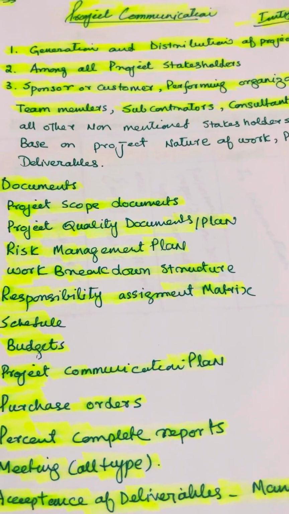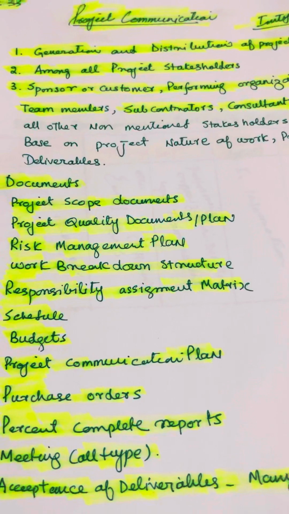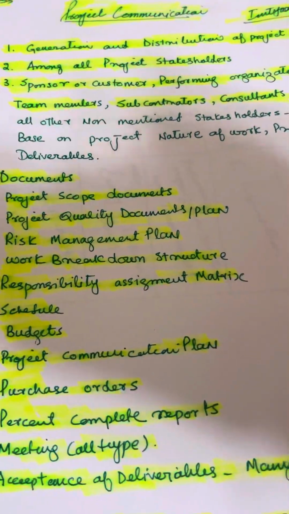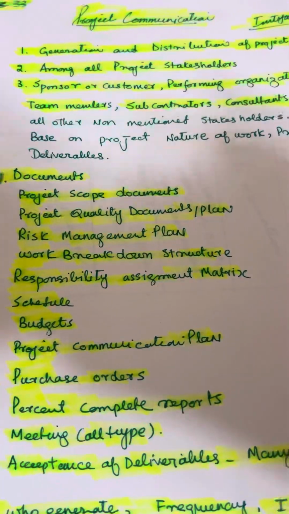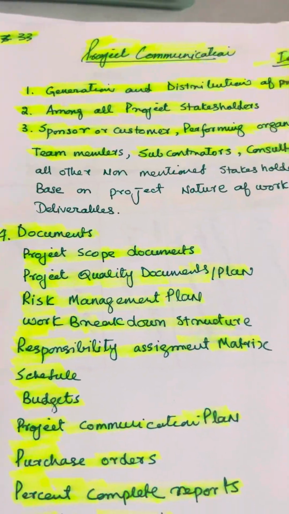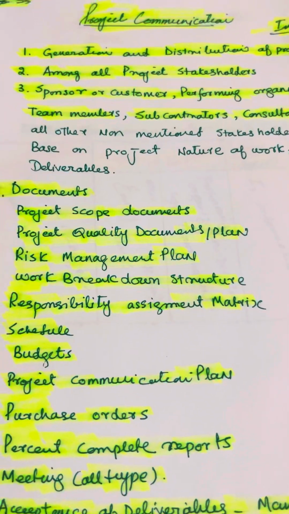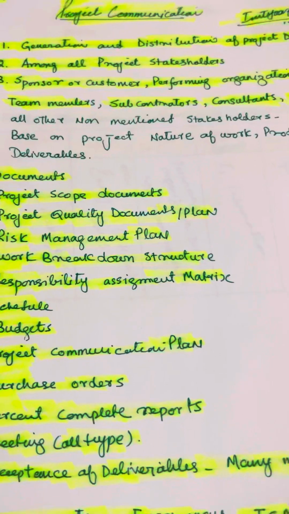So there are many ways of communicating. Number one is writing. You write it down. You can do it by email, in person, on a computer. So there are many ways you can communicate with all these stakeholders, and then you have to put all this data.